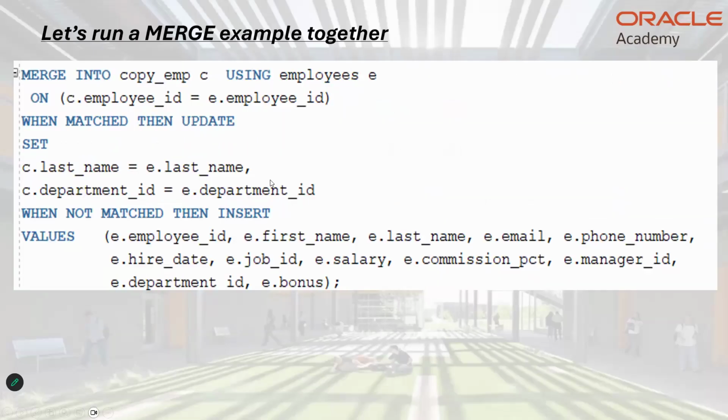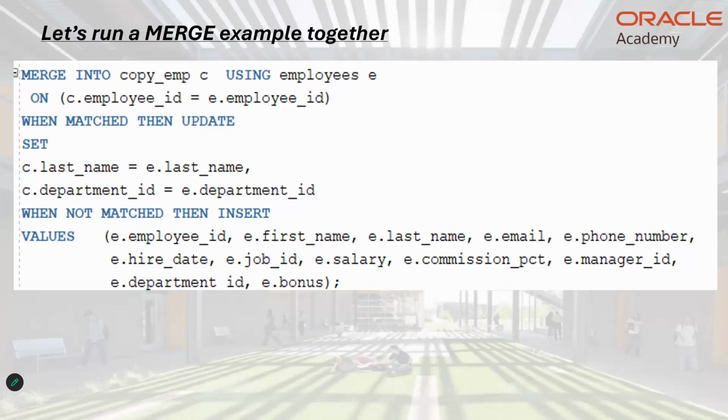All right. Now we're going to run this. Merge into copy imp and give it an alias, using employees on employee ID equal employee ID, right? When matched, then update, set last name equal to last name, department ID equal to department ID.